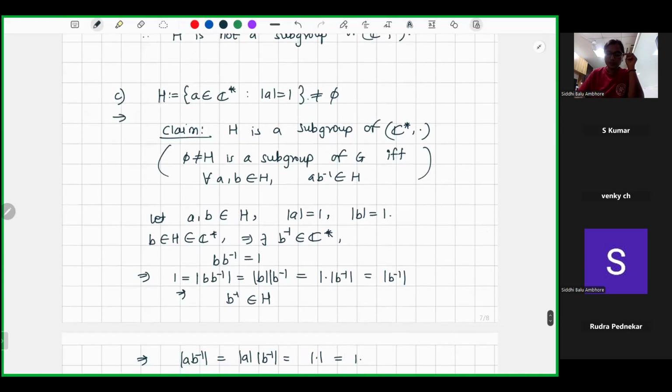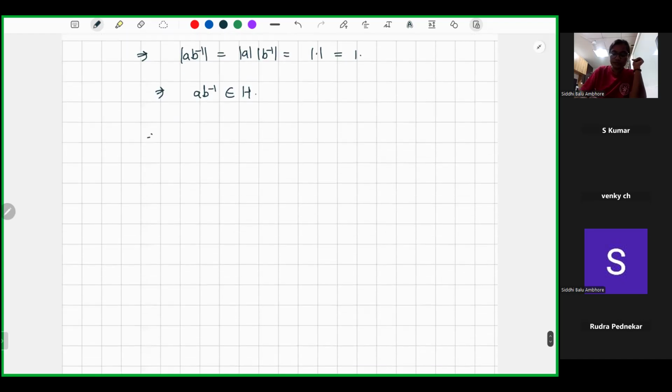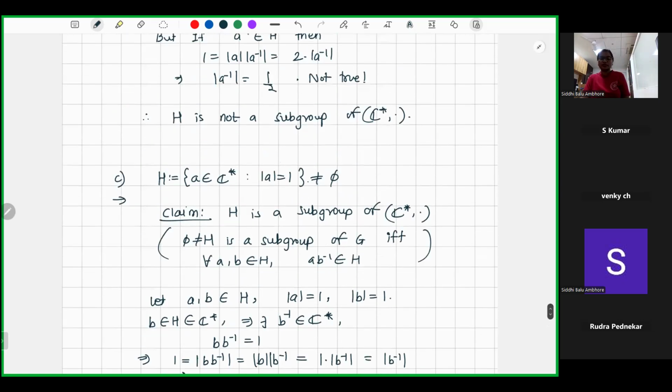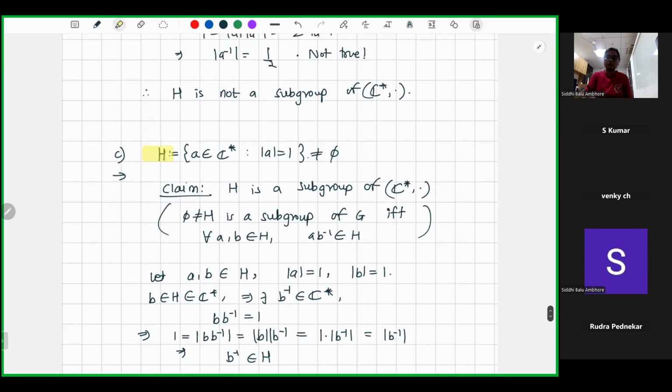So therefore H is a subgroup of C star. Okay. So this is a subgroup.